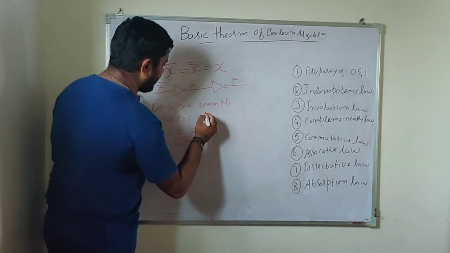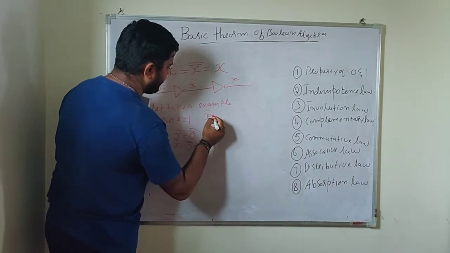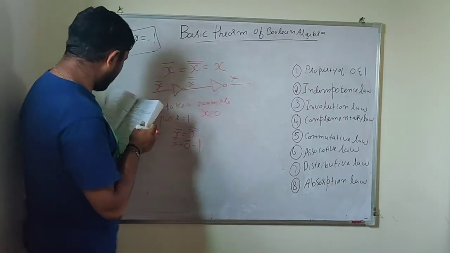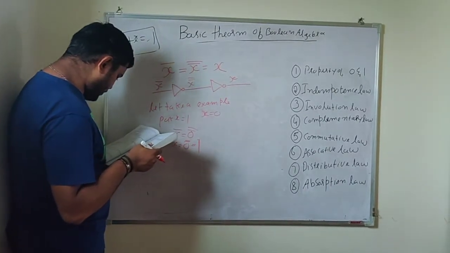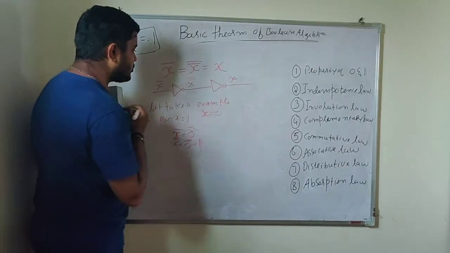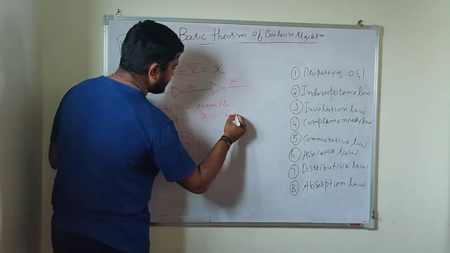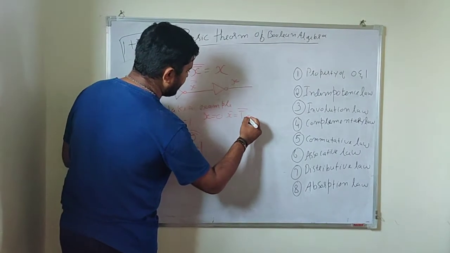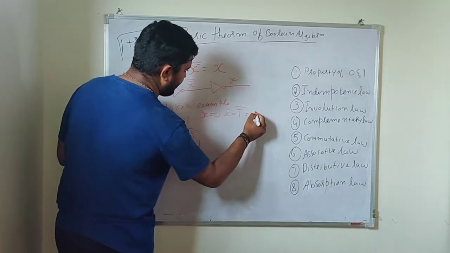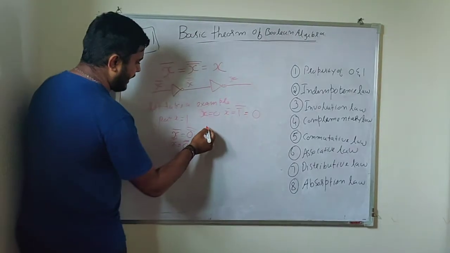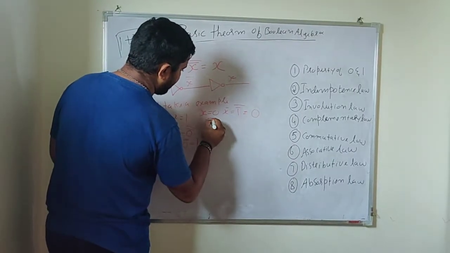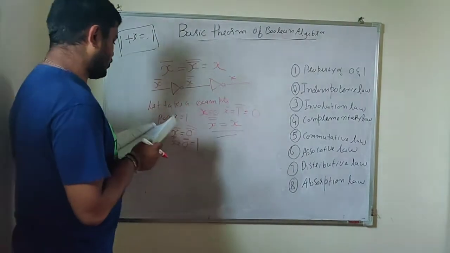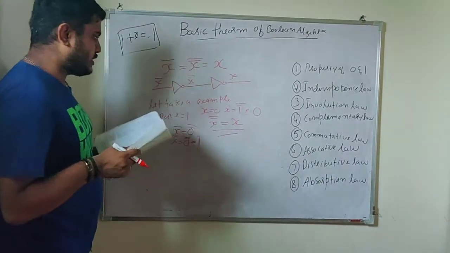Now if you take x as 0, x bar is 1, and if you complement it again, it becomes 0. So ultimately I can say x double bar is equal to x. This is the involution law. Hope you understood the involution law.